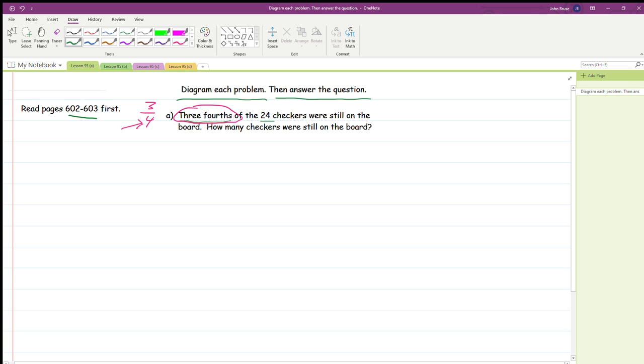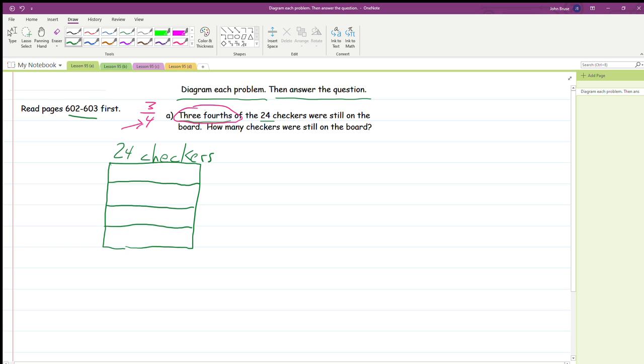So we're going to go ahead and draw a 4-line diagram. And we know that our total, I'm going to put the total up here, which is 24 checkers. All right, and we're going to break this into 4 groups because the denominator for 3/4 is 4.